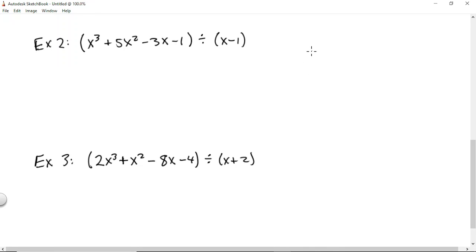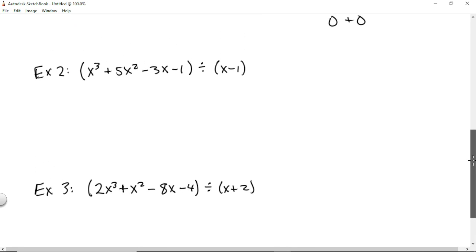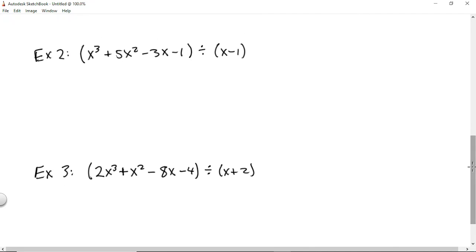I won't make that copying error. So we have x cubed plus 5x squared minus 3x minus 1. I think I wrote it down correctly. And that's divided by x minus 1.